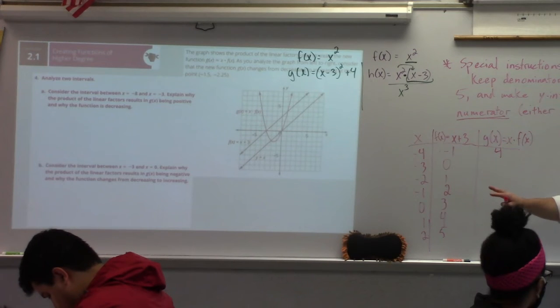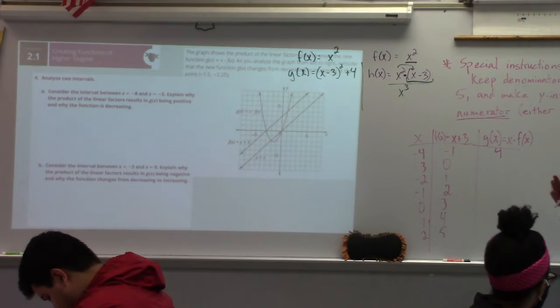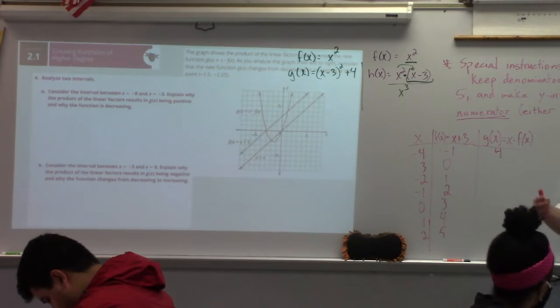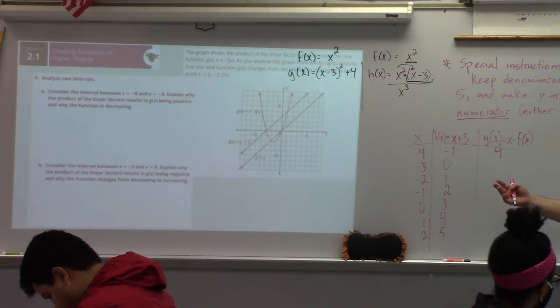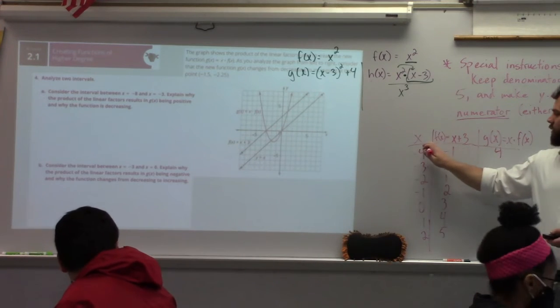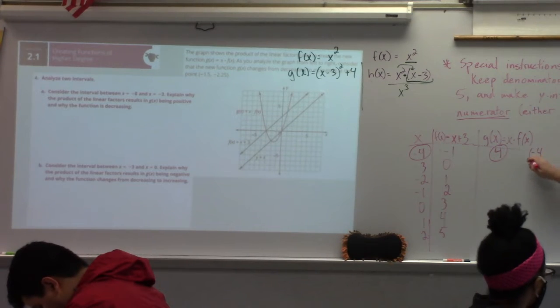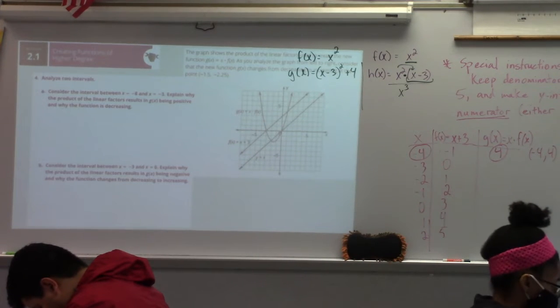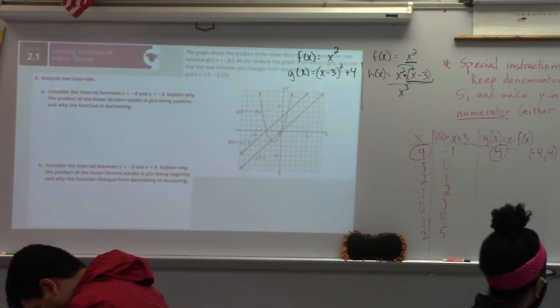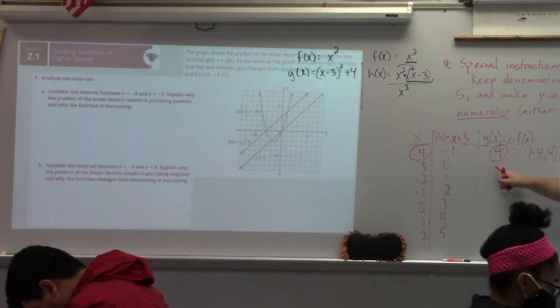Now we'll pause and say this. I think last week we did 2 separate tables, and you can continue to do that if you want. This is just an alternate way to do that. Notice the point would be the x stays the same, and the y would be 4. Good job, guys. So what was this point? What was this g of x?